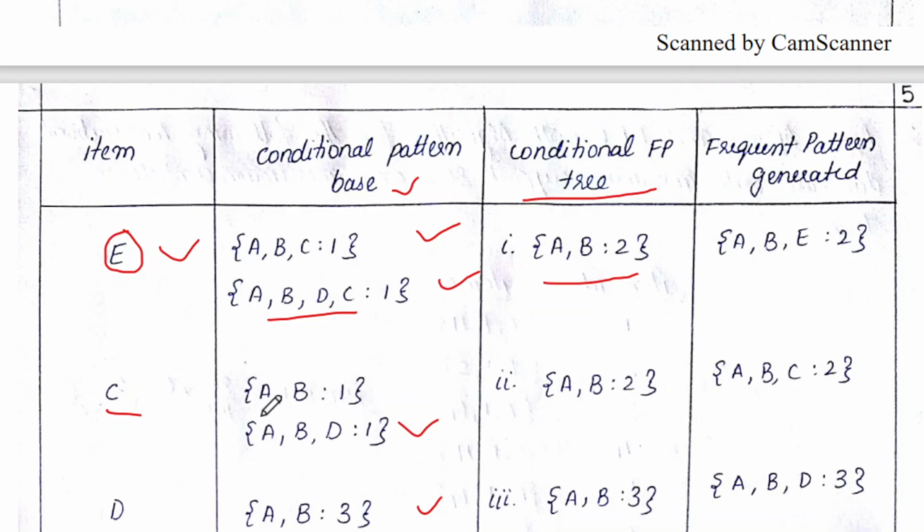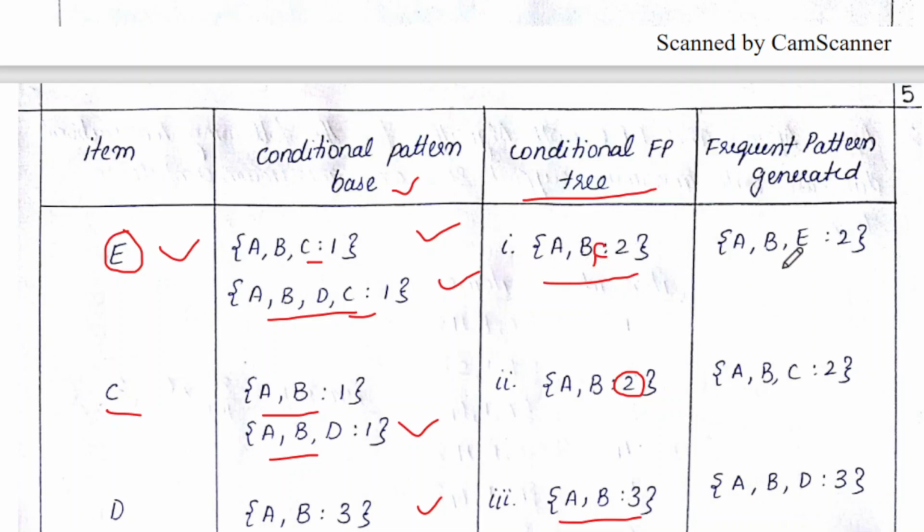For the C set, I have AB here and AB here also, but it is repeated 2 times, so I write 2 here. For D, only AB is there, only one item set, so I write AB directly. For B, we have A with 4, so I write 4. But for the E set, C is also repeated commonly here, so I can write the C item also, which is commonly repeated.